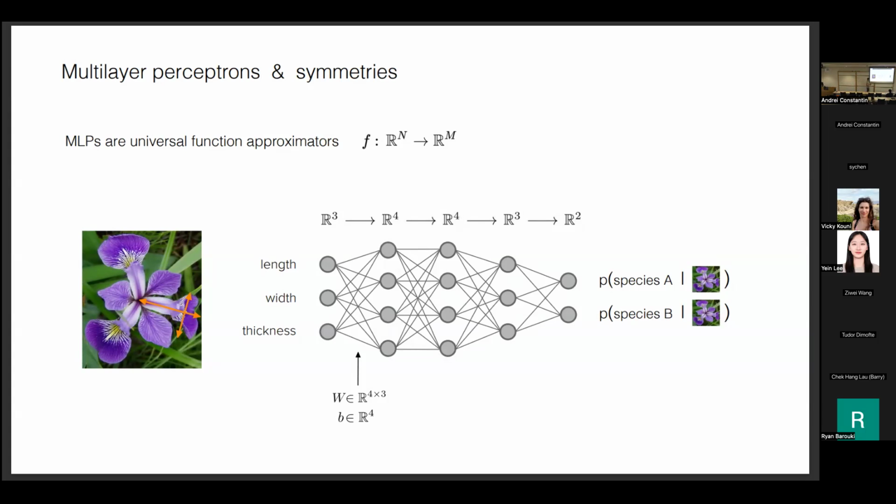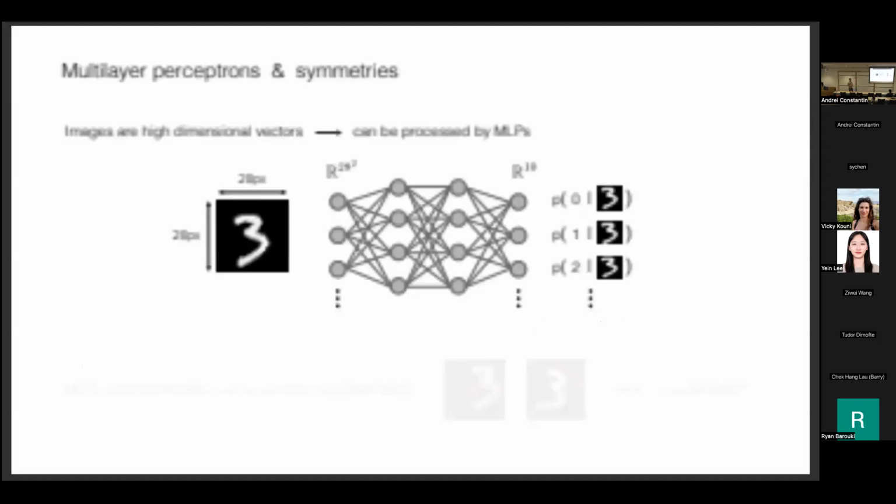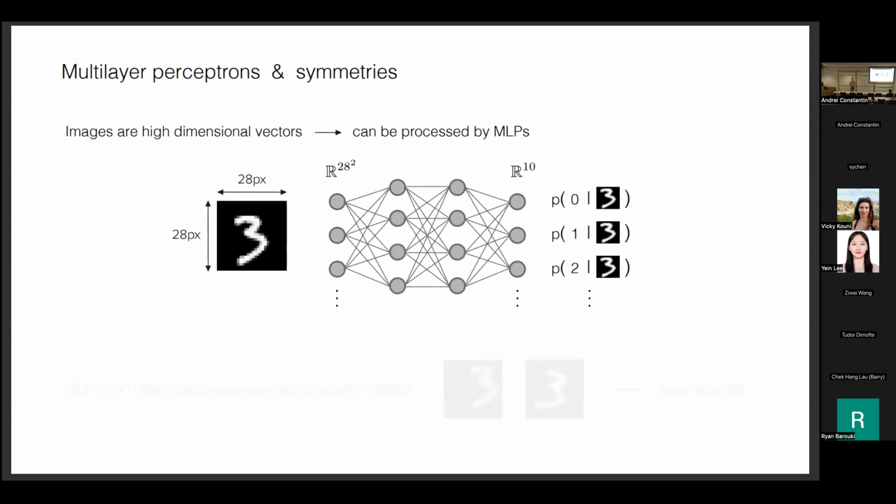So for instance, we could take measurements like length, width, and thickness of leaves, and then predict whether it's species A or B. And of course, you can use that to classify images, since in some sense, images live in some vector space. So for instance, if you have an MNIST image, it has 28 square pixels, which you can just throw into an MLP and then predict which class it is.